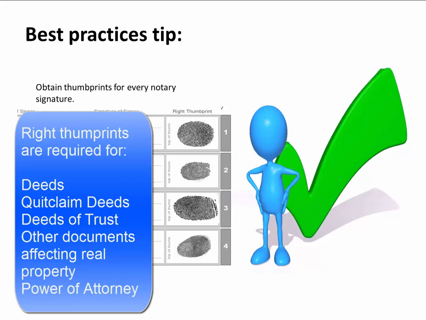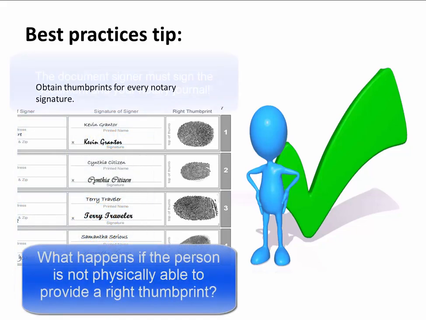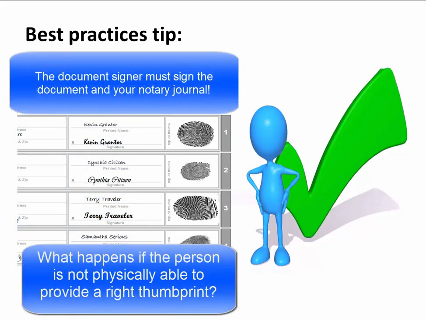If the right thumbprint isn't available, then the notary public must have the party use his or her left thumbprint or any finger available, and the notary needs to record the left thumbprint or whatever other fingerprint was captured in the journal and indicate why a right thumbprint could not be used. If the party signing the document is physically unable to provide a thumbprint or a fingerprint, the notary public must record that fact in the journal and must provide an explanation of the physical condition of that person.